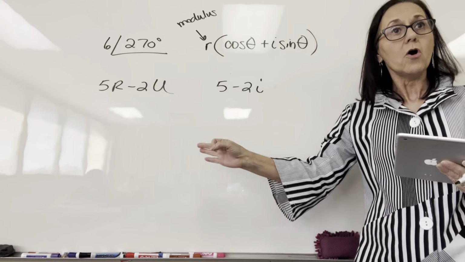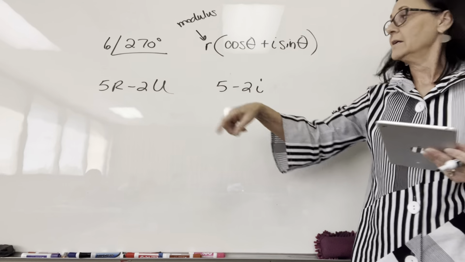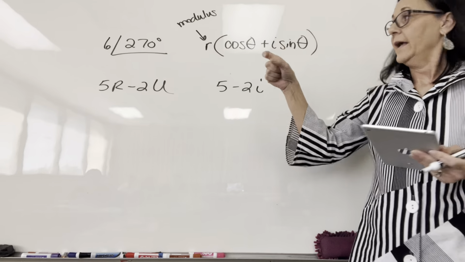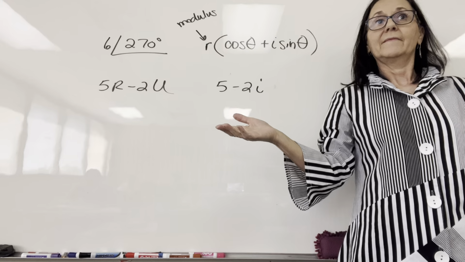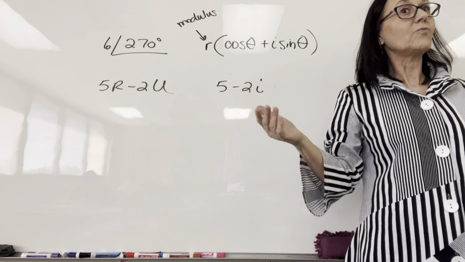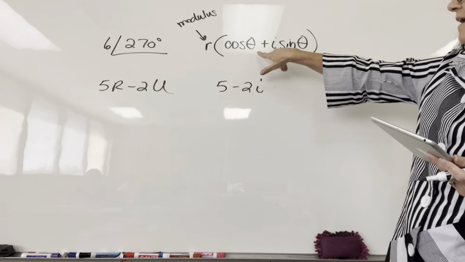But they're so similar. Remember, the cosine goes with your x, the sine goes with your y, and we just have an i. Theta represents the angle. Just like we had the angle in this polar form, we're going to have the angle.